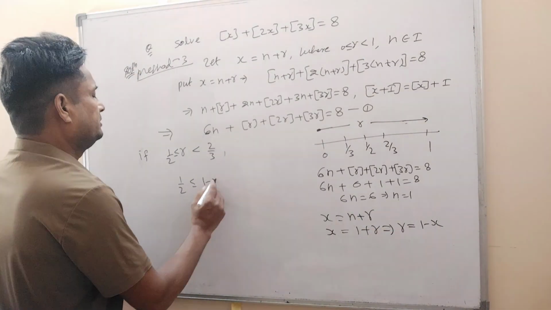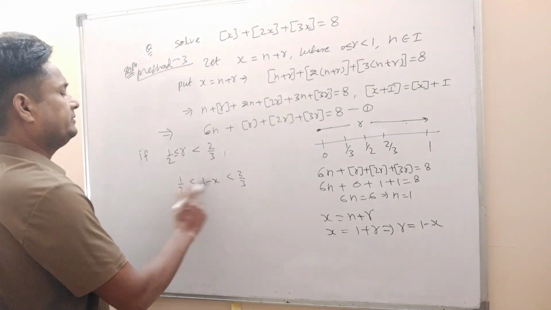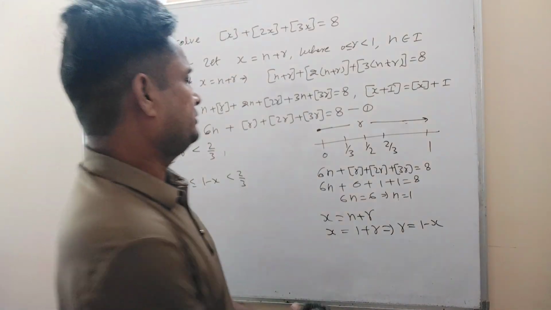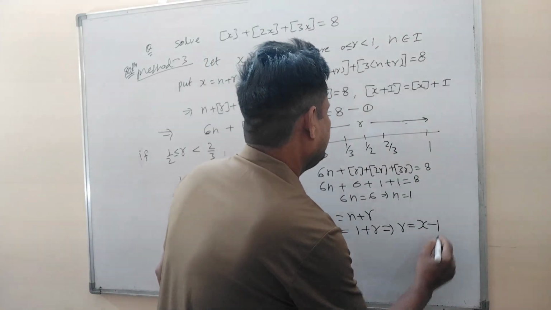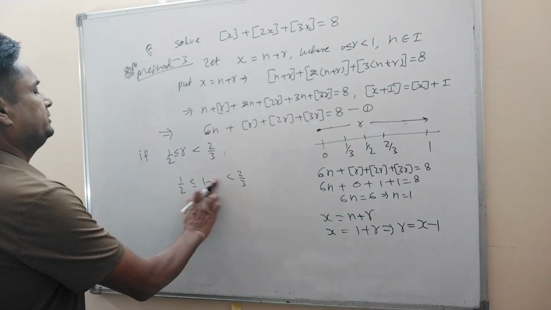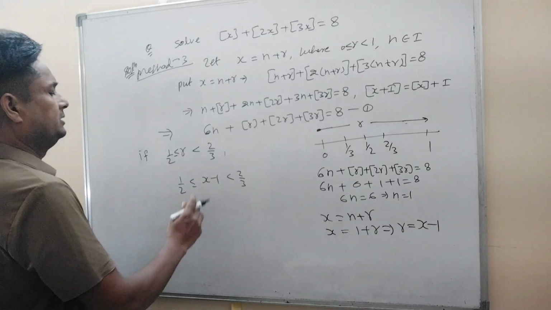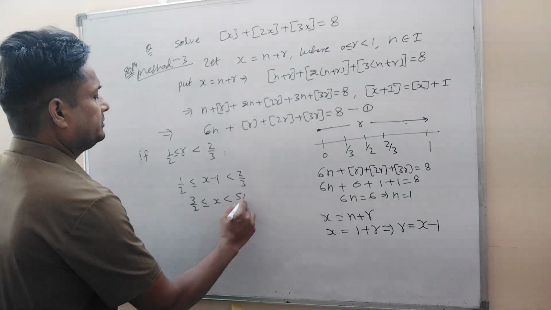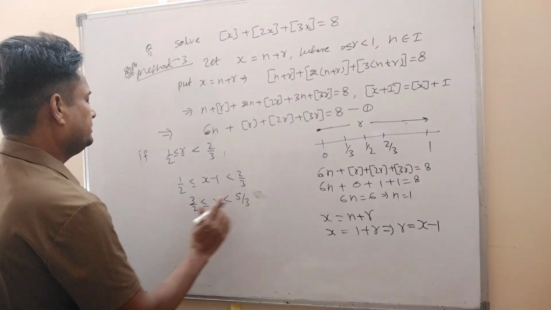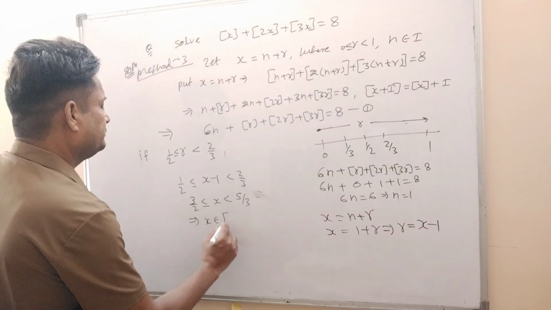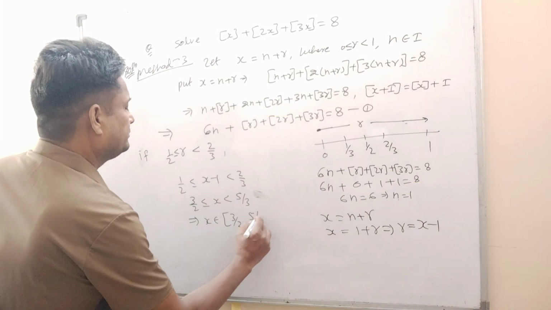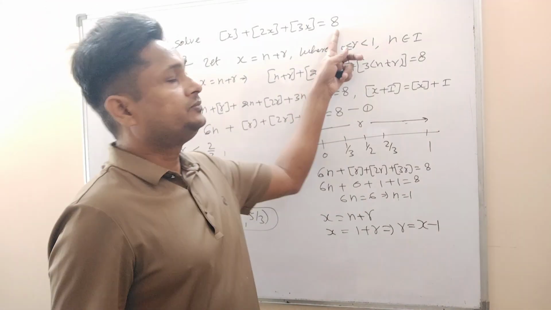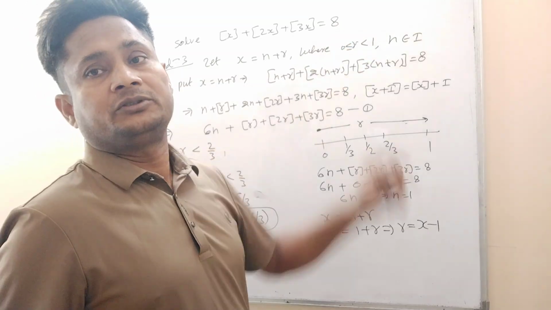Now this will be 3/2 to 5/3. So x belongs to 3/2 to 5/3. So this is the interval in which the equation has a solution.